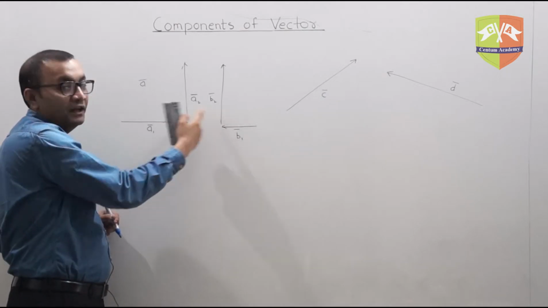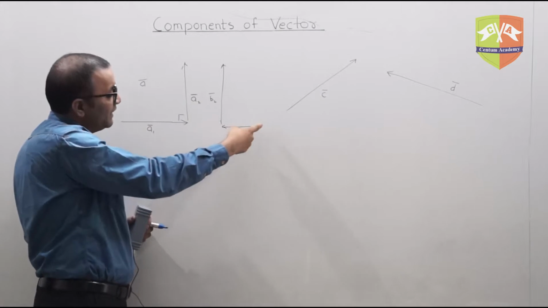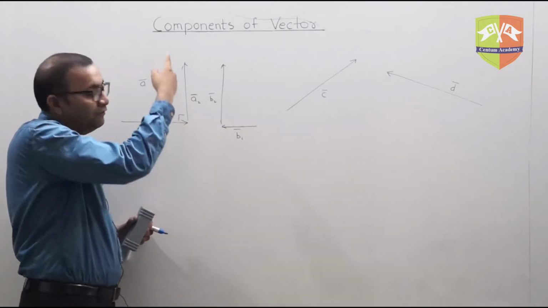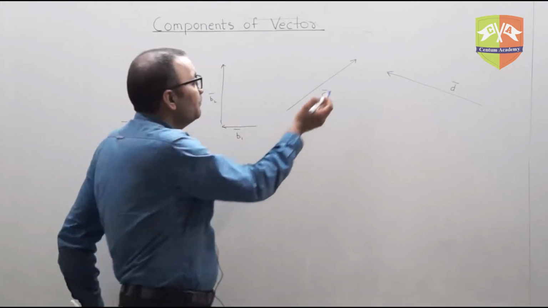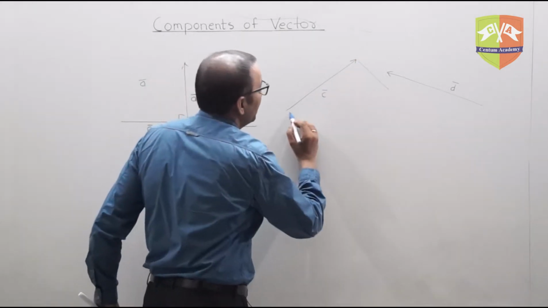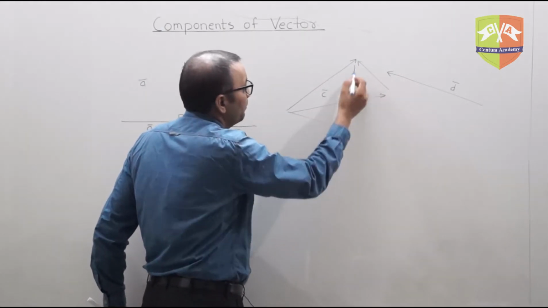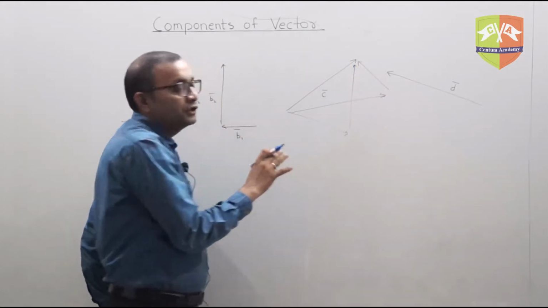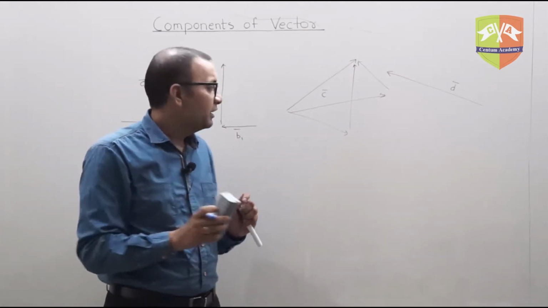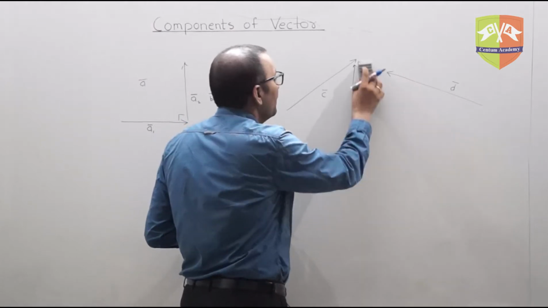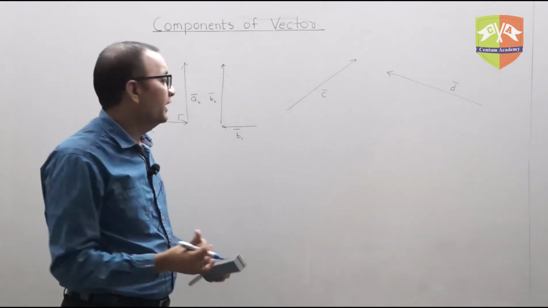If you see clearly, you will find that I have chosen fixed directions, horizontal and vertical. I can create triangles, I can create multiple triangles. I can say that this vector is equal to this plus this, or that plus this. I can choose any two combination as long as a triangle is being made. But I have taken fixed directions. Slowly you will come to know why I have done that.